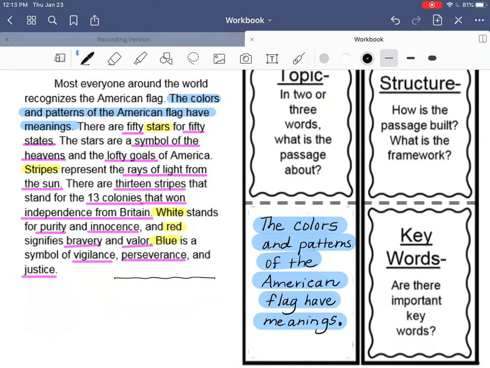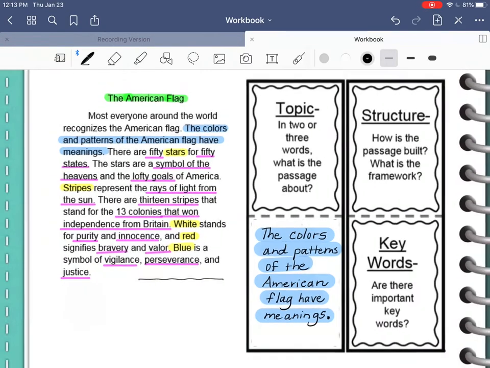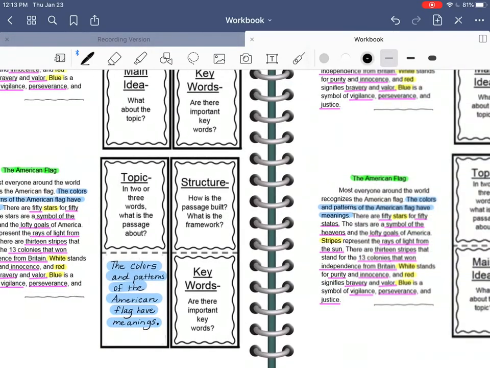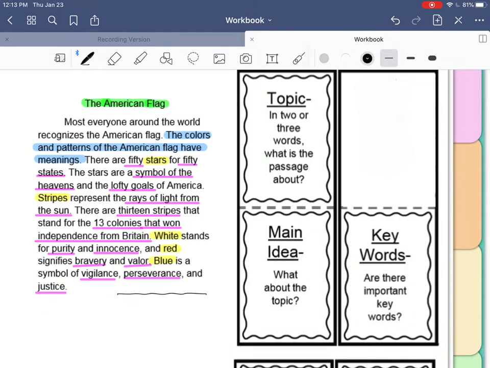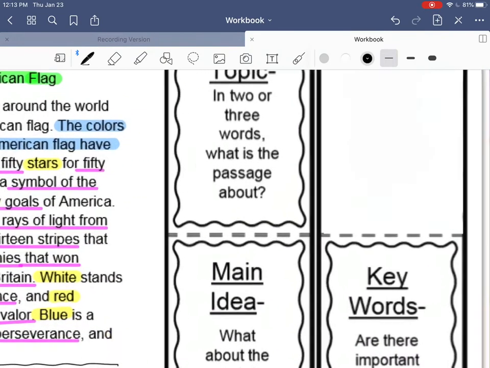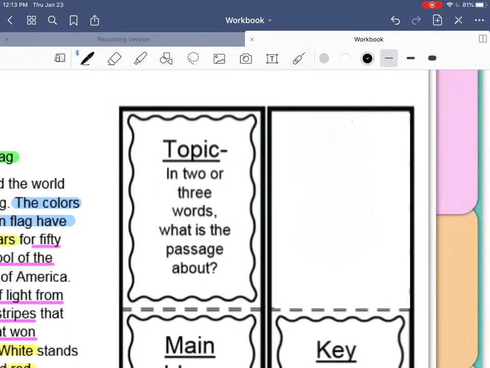Okay, let's close that door. If you need more time, just stop your video, no problem. And on the next one, let's open the door about structure. How is the passage built? What is the framework? So the structure of this passage is an informational text. Its purpose is to tell me information.